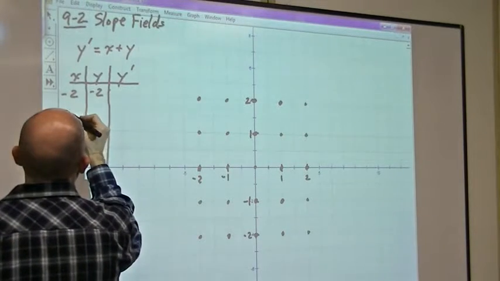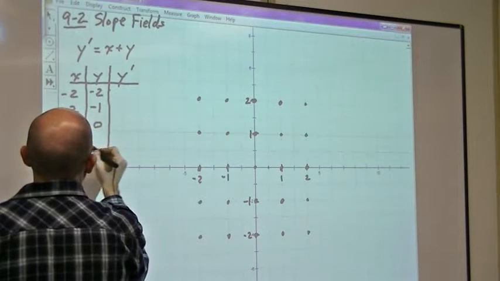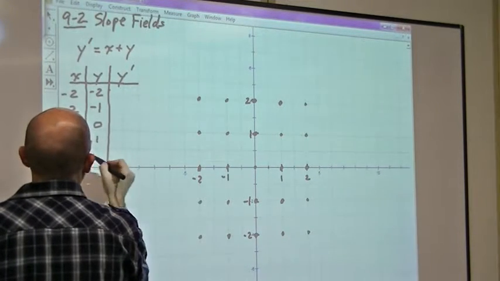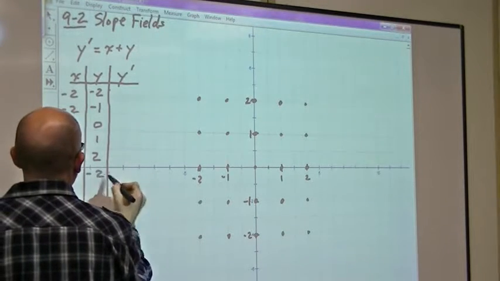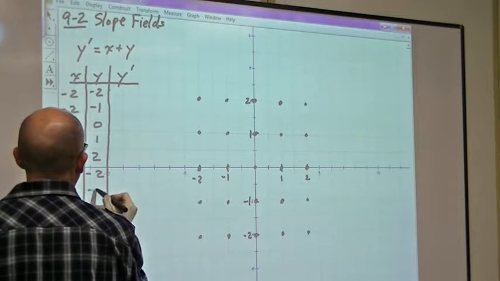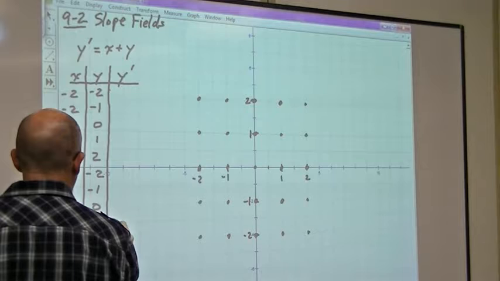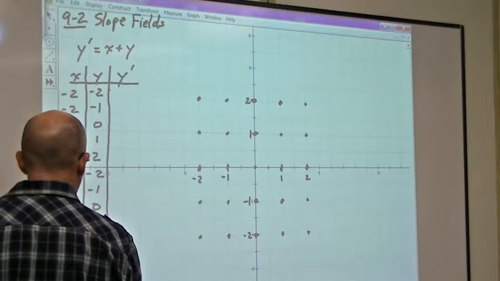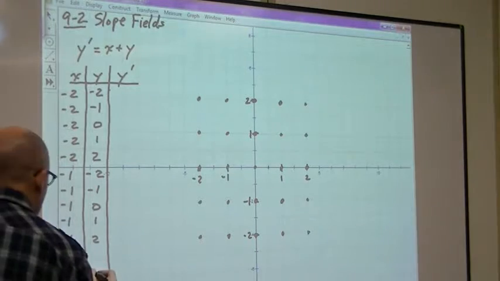So we've got -2, -1, -2, 0, -2, 1, -2, 2. Then we're going to go -1, -2, -1, -1, and then let's go one more row.